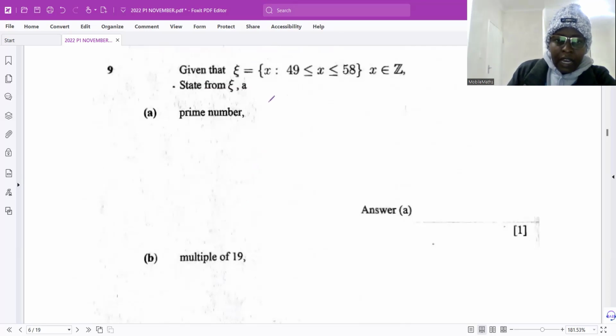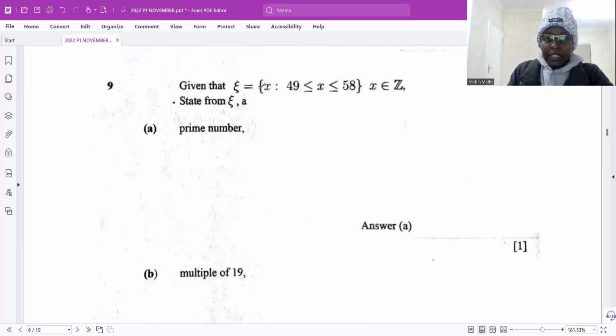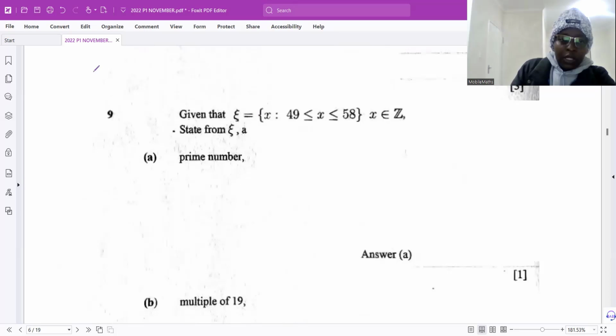Given that our universal set is from 49 to 58, I prefer to rewrite this so that we know what we are talking about.